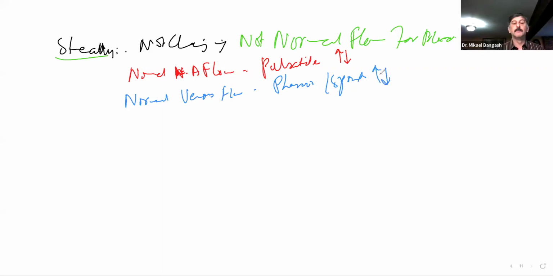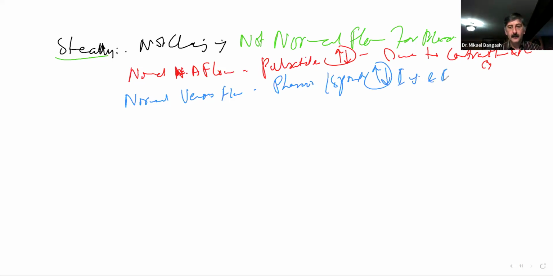Here, this up and down is mainly due to contraction and relaxation of the heart, whereas here, this up and down is mainly due to inspiration and expiration.